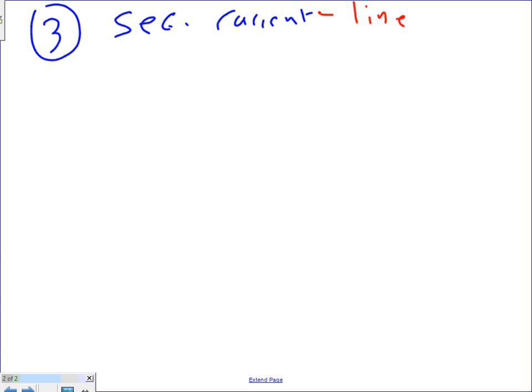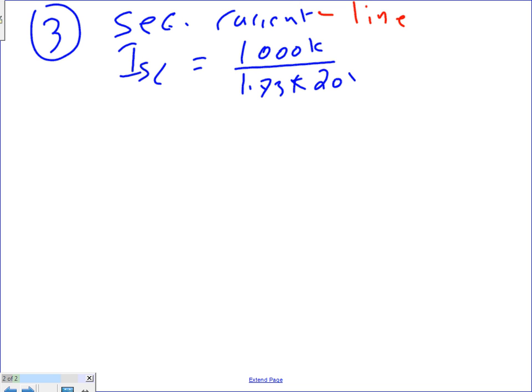Okay, number 3 is a piece of cake. When you do the secondary current, this time we're going to do the line, and I do it in red just to emphasize it. The line current in the secondary, piece of cake, Chad. I secondary line equals the same 1000 k divided by 1.73 times the voltage on the secondary, which was 208. And I did not do this math; I did it on a different system.